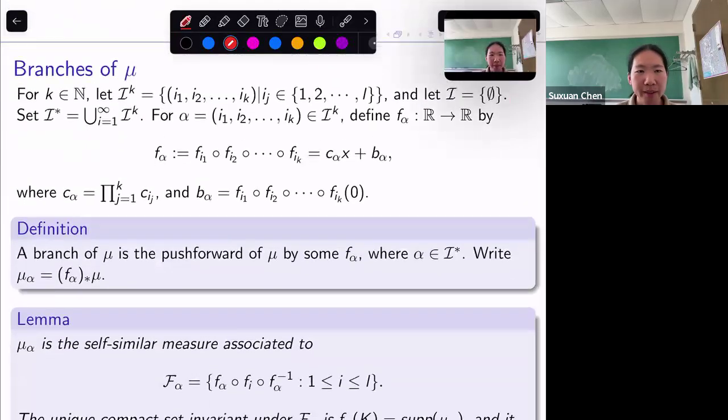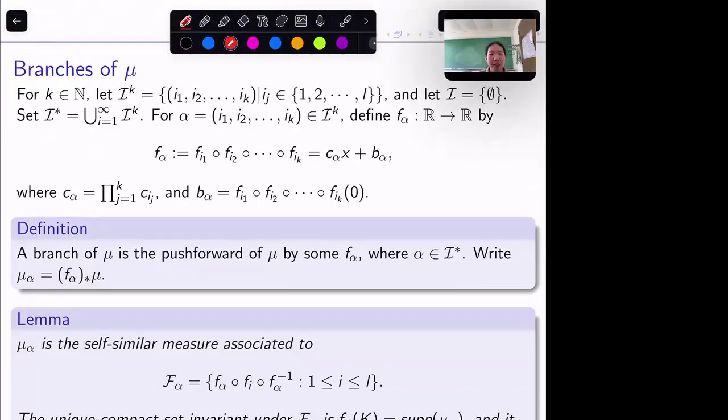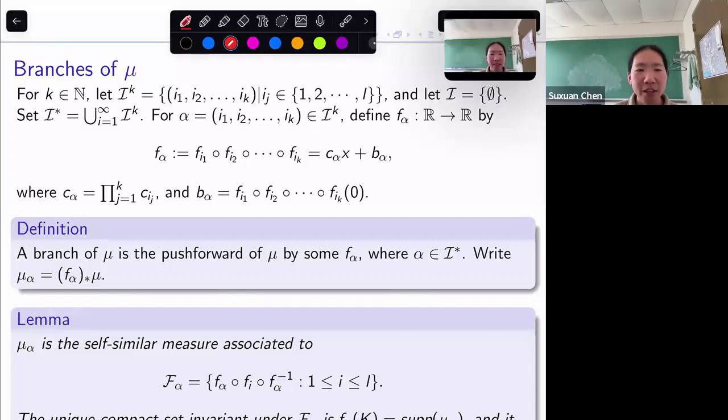Maybe we don't have enough time, but I'll try as much as I can to go to the upper bound part. For the upper bound, we need some symbolic dynamics to do some coding.